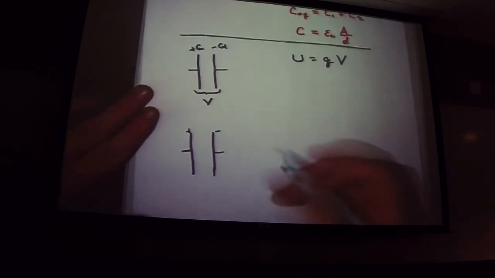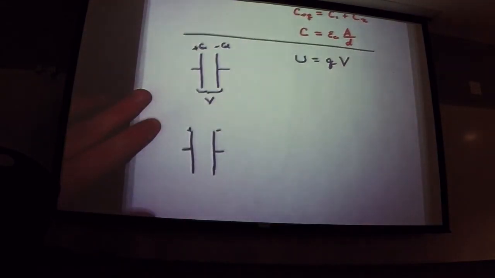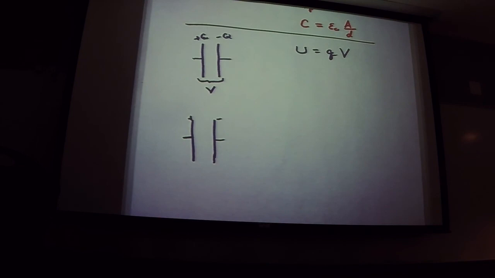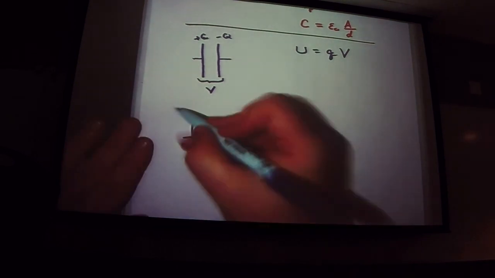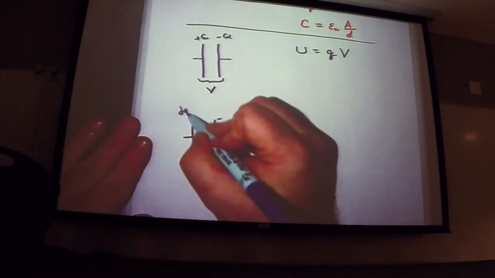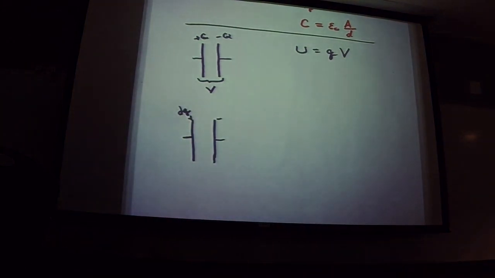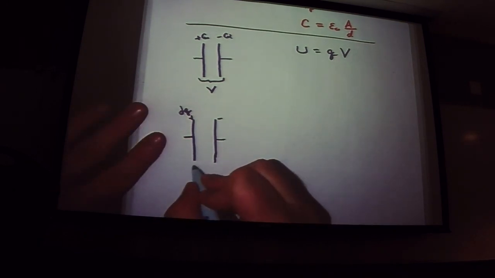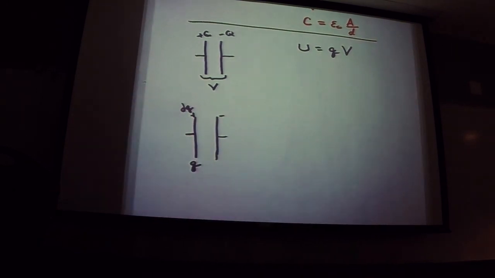And so what we do is we say, well, I'm going to put on a little charge, and anytime we say little charge, that means dq. And then the charge that's already on there is this charge q, where I'm using lowercase q to represent the charge that happens to be on the plates when I add the little dq to it.